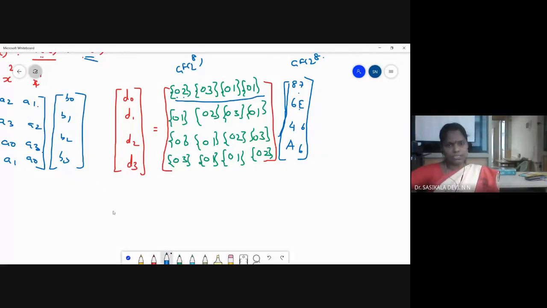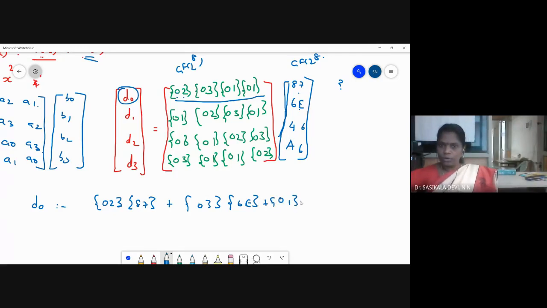So the first element, 02 multiplied with 87 plus... we are computing the first element alone. So that is D0. D0 is equal to 02 into 87, then 03 into 6E, then 01 into 46 plus 01 into A6.